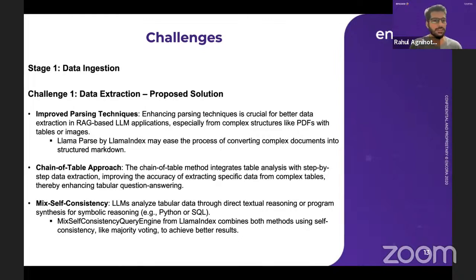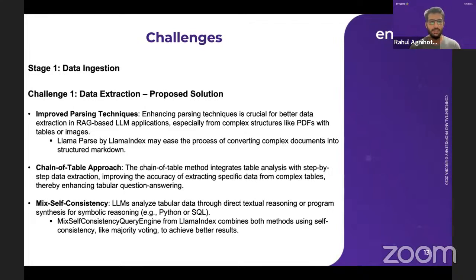For example, if you go for PDF, you need to know the best possible solution for parsing data from PDFs. So you can use helpers like, for example, LlamaParse by LlamaIndex. This is going to help you with parsing complex documents like PDFs.